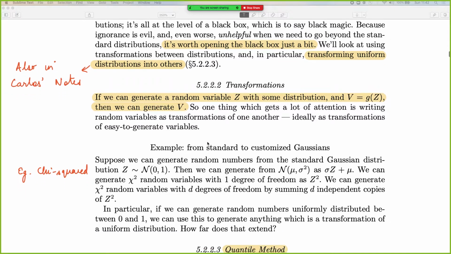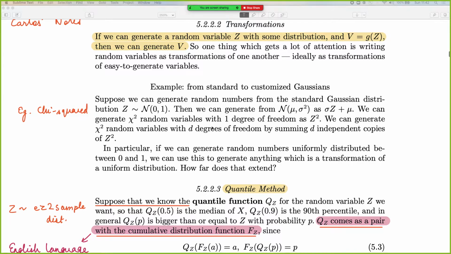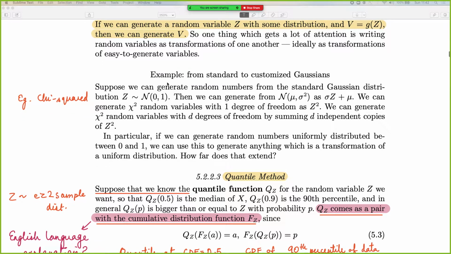One example given here is if you have z drawn from normal 0 1, then you can transform one normal distribution into another normal distribution by using this sort of linear transform of z.